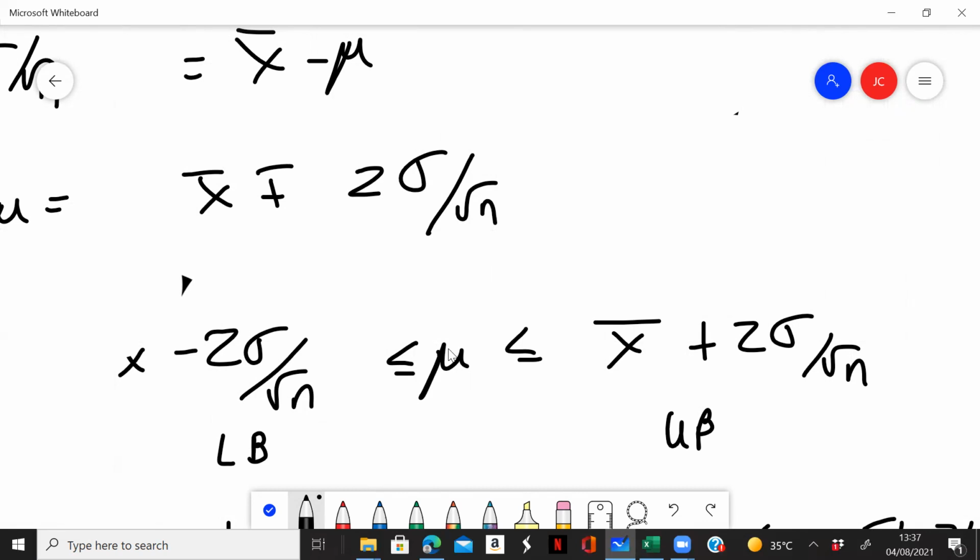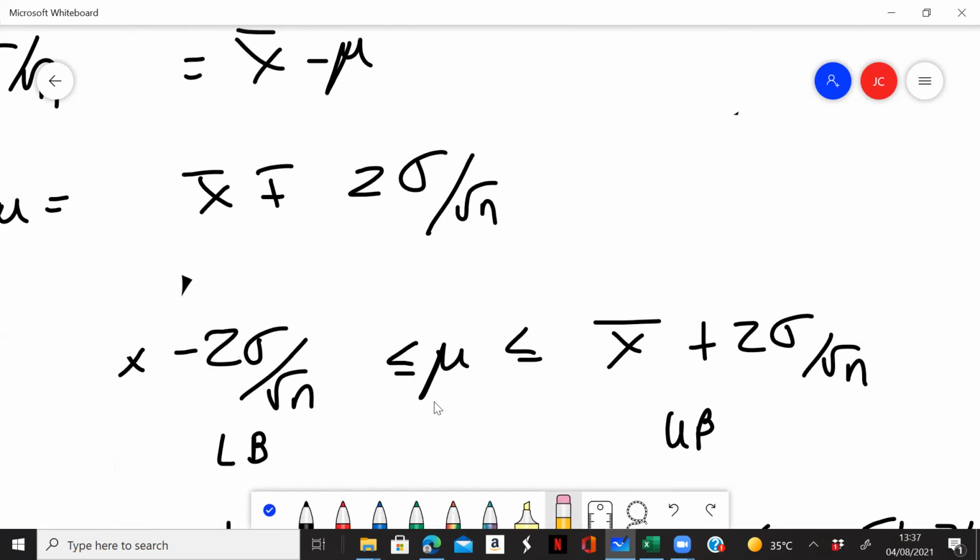Now, of course, everything depends on the z, right? If I am 95% confident, it means my alpha is 2.5%. So in the next lesson, I show you how to find that z for 2.5%. What if I am 99% confident? Well, let's draw it here.